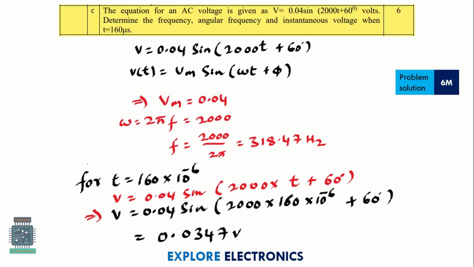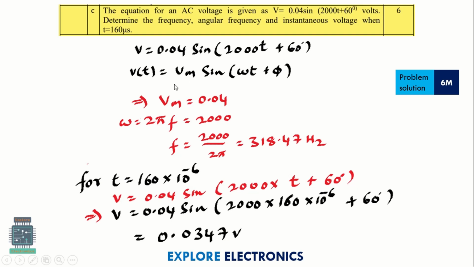Then the next question: the equation for AC voltage is given. V is equal to 0.04 sin(2000t + 60 degrees) volts. Determine the frequency, angular frequency and instantaneous voltage when t is equal to 160 microseconds. See, in this question they have given the expression.